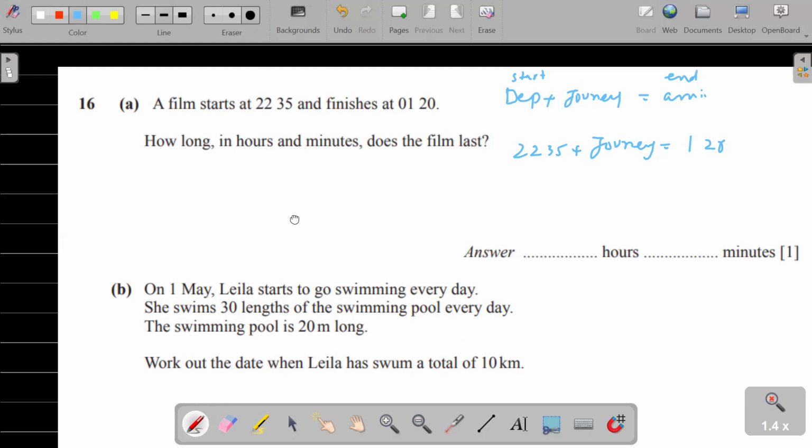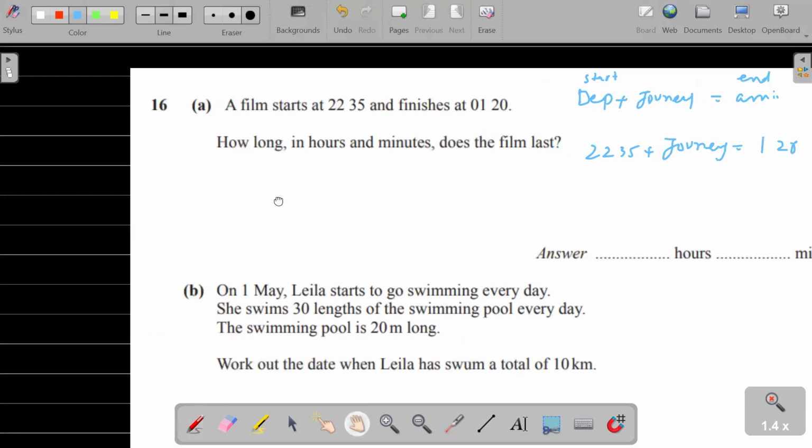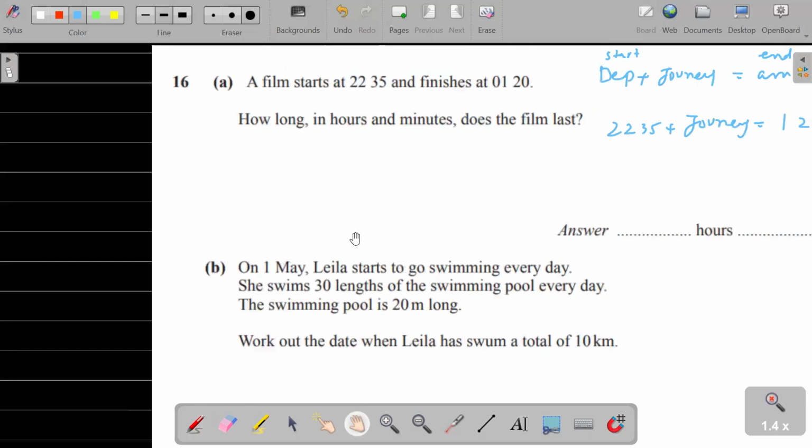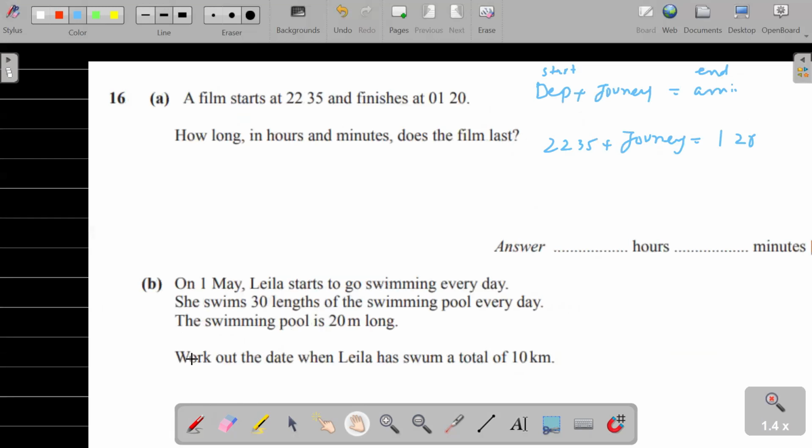Let's subtract them. We are going to use our basic method, with hours and minutes. Because if I want to separate the journey, I have to take this to the other side.